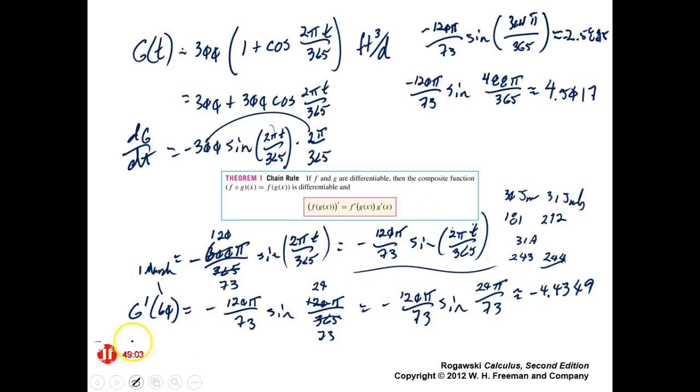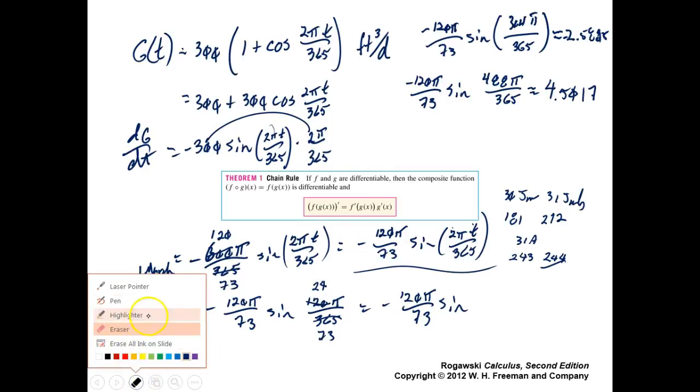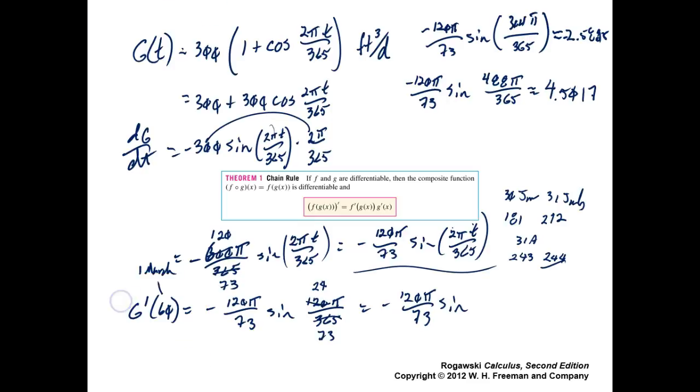I'm going to erase some more down here just so I have room to do. We've already gotten this answer, so let's get out of there. You know, an easier way to do this on the 1st of December, that'll be 30 days from the 31st of December. So let's do 365 minus 30, because it's 30 days before the end of the year.